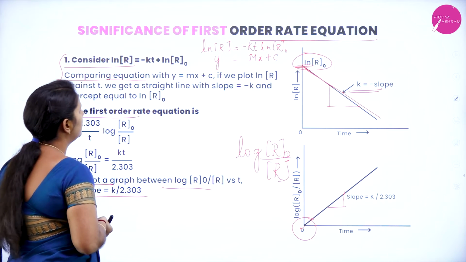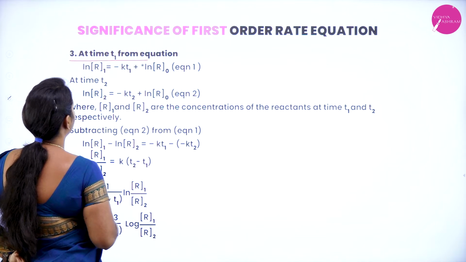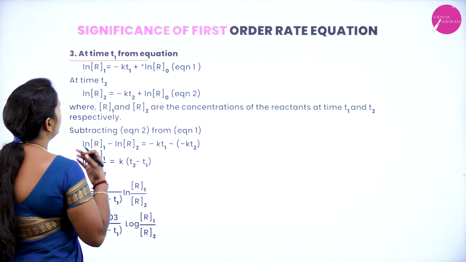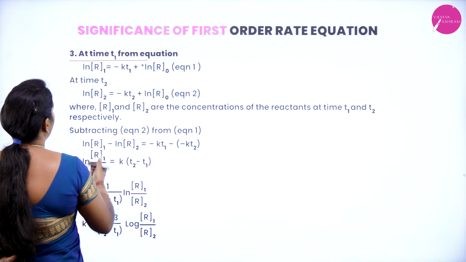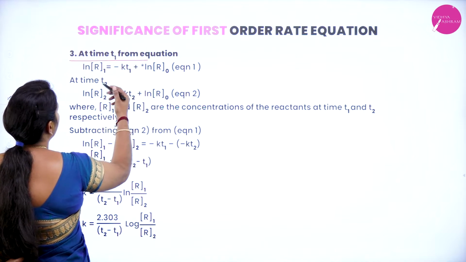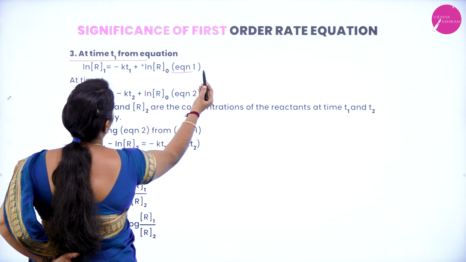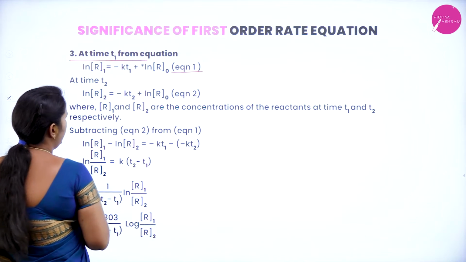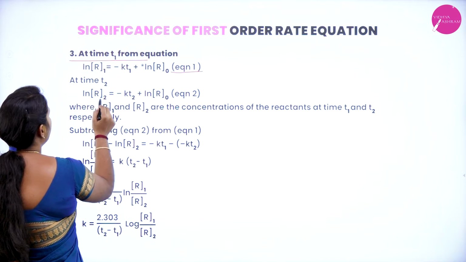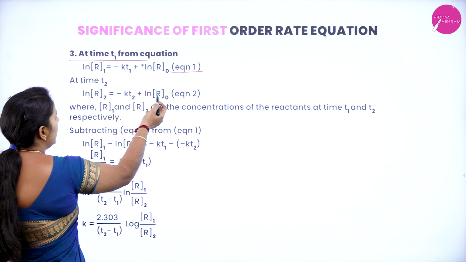Next, this is the third condition, at a time t1. At a time t1, from the equation we can say that ln R1 is equal to -kt1 plus ln R naught. This is equation 1. And at a time t2, I'm considering ln R2, which is equal to -kt2 plus ln R naught.